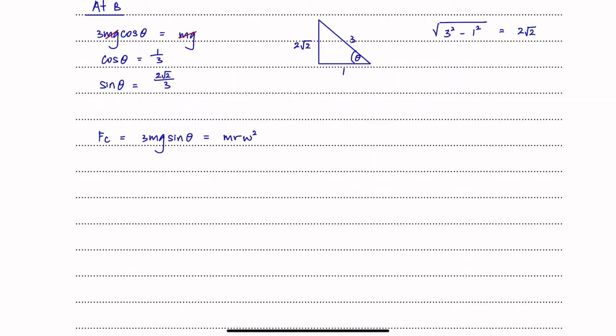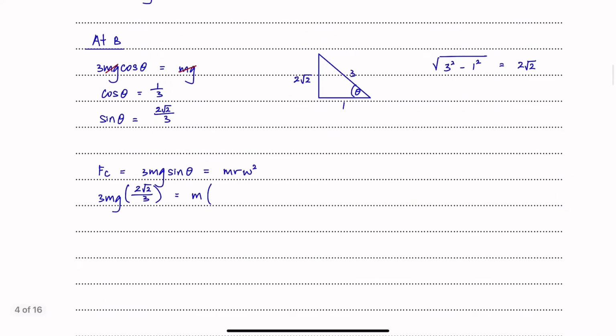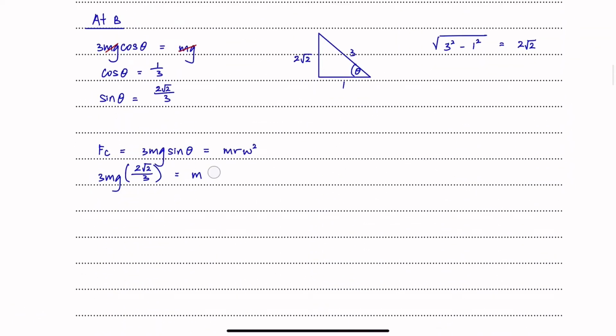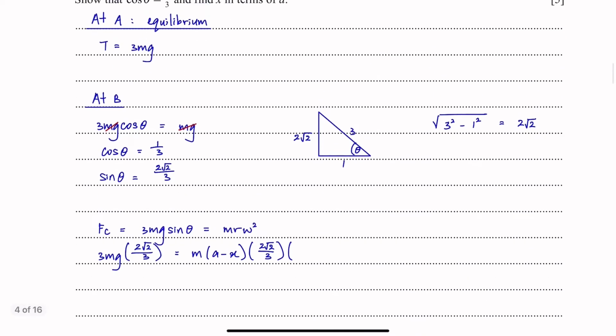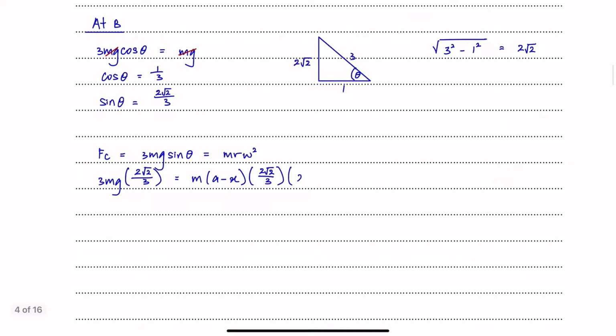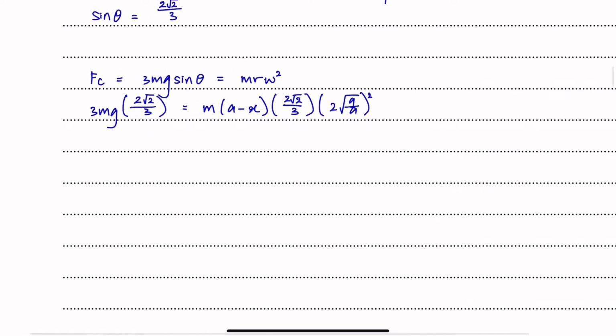So we have 3mg sine theta, which is 2√2 over 3, equal to m times r, which is (a minus x) times sine theta, which is 2√2 over 3, times omega squared, which is (2√(g/a)) squared. So now we can cancel out m.